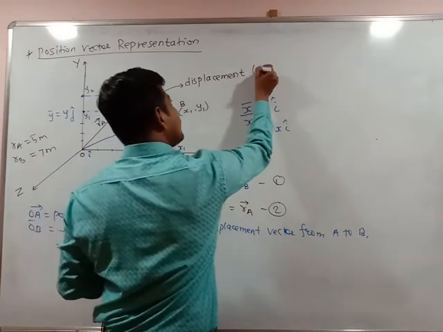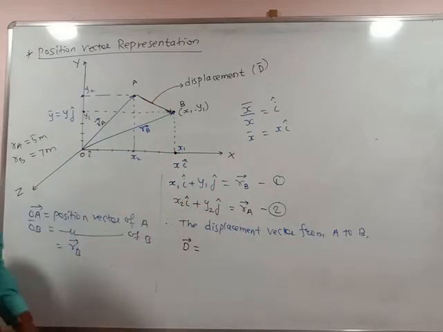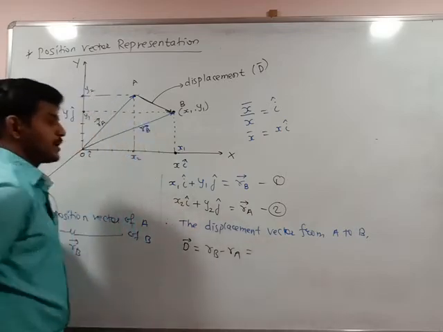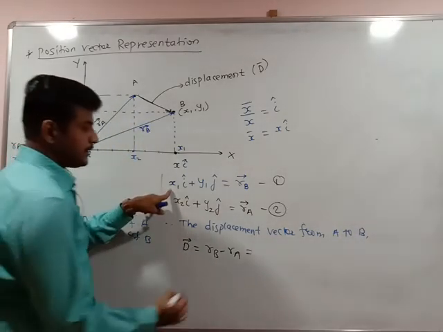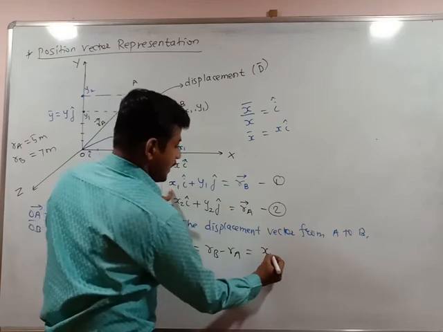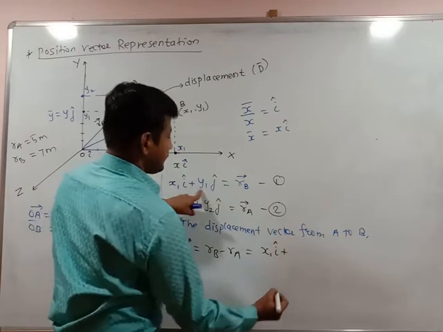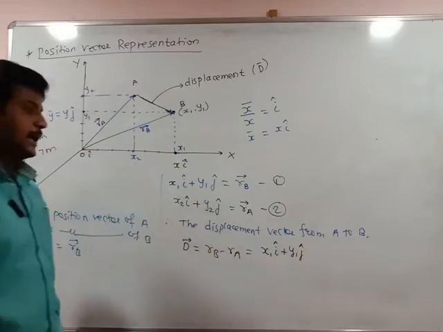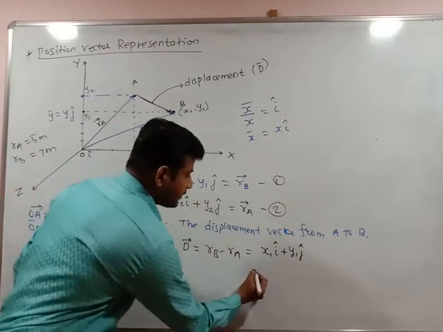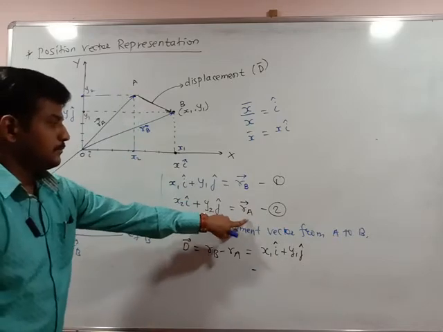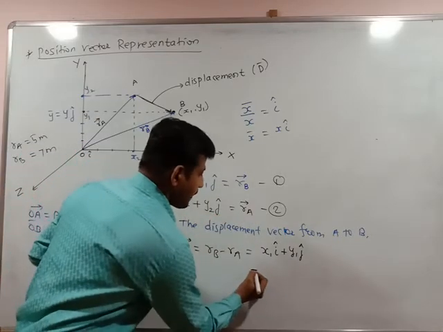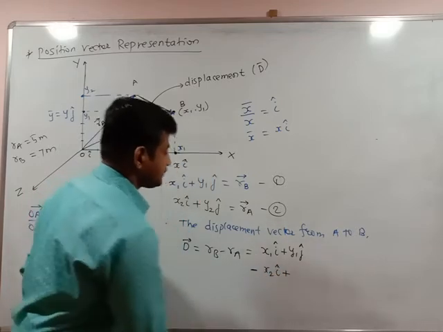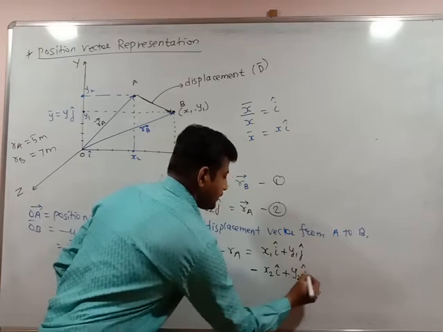D bar is said to be the displacement vector. It is equal to what? It is RB minus RA. So RB is x1i plus y1j, minus RA, which is x2i plus y2j.